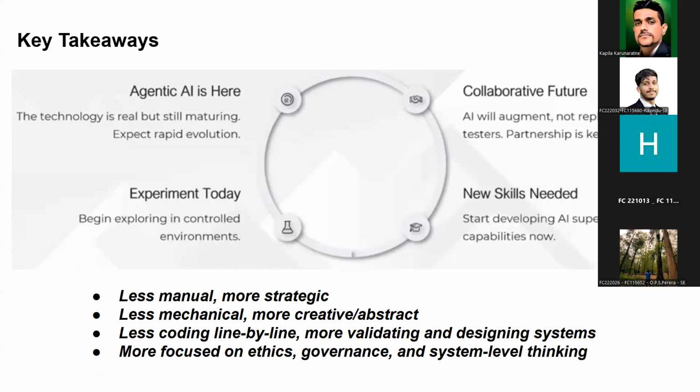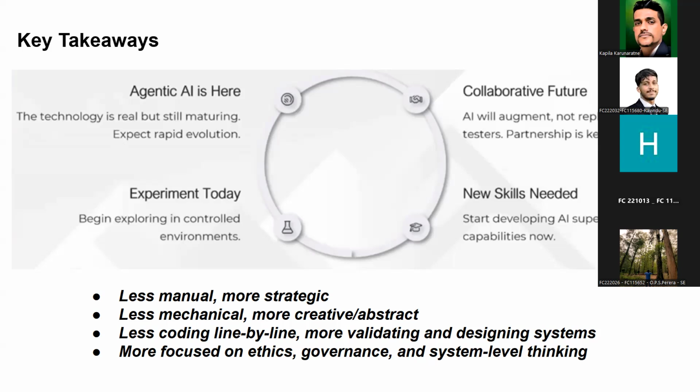Less mechanical work, more creative work. So humans have to take over more creative work, and all the mechanical work can be asked to be done by AIs. Less coding, no line by line coding work. Mostly validating and designing the systems, right? Reviewing the systems, making sure we have the correct system, but not the code.